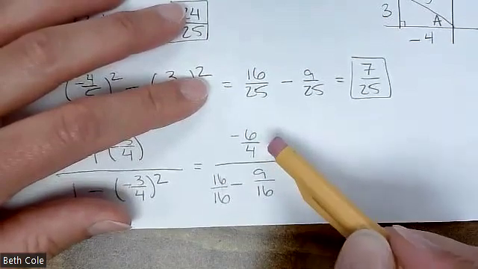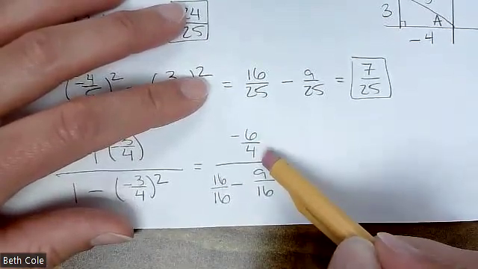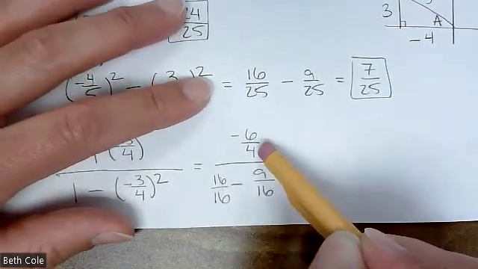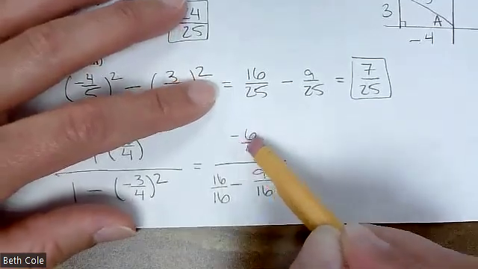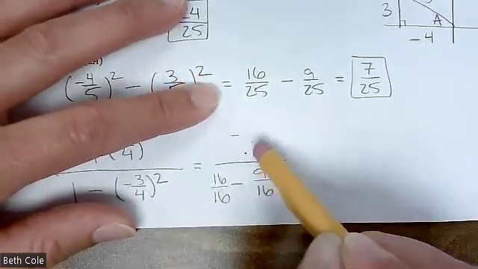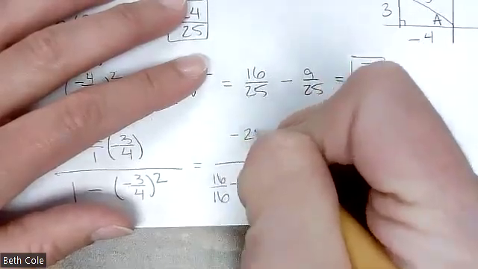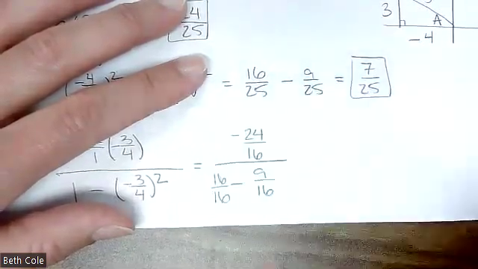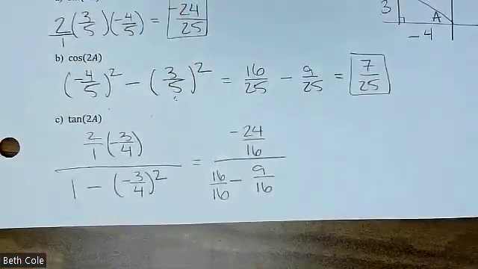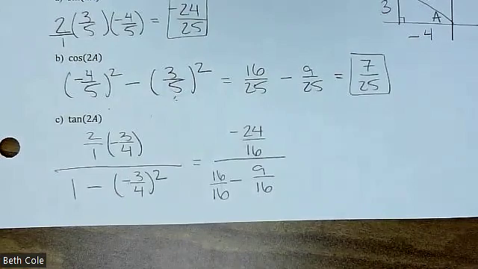And then I'm just going to erase it. Up here, how could I turn that into 16ths? I would multiply by what? 4. So 6 times 4 will be -24 16ths. The reason I recommend doing that is all the 16ths will now cancel out.